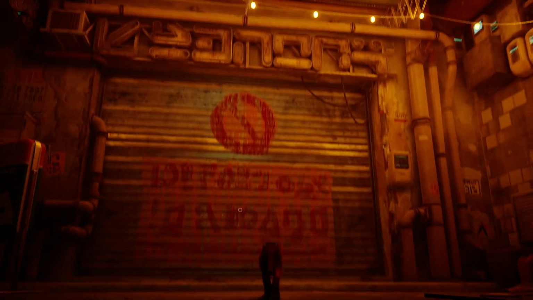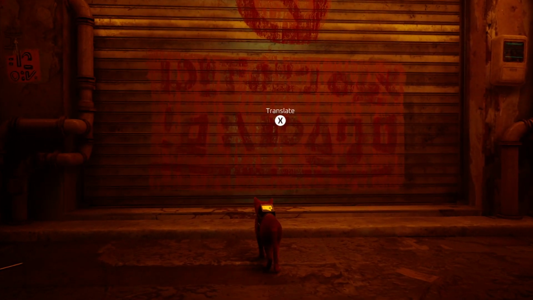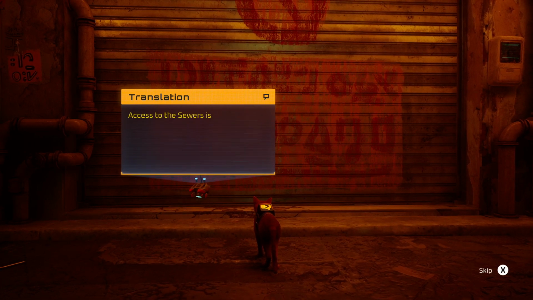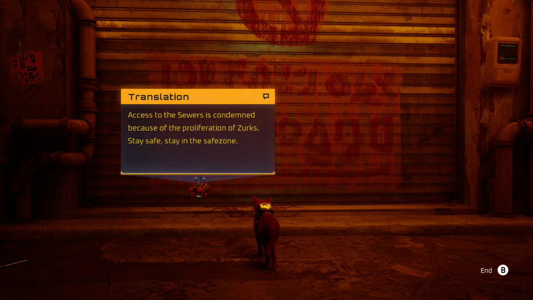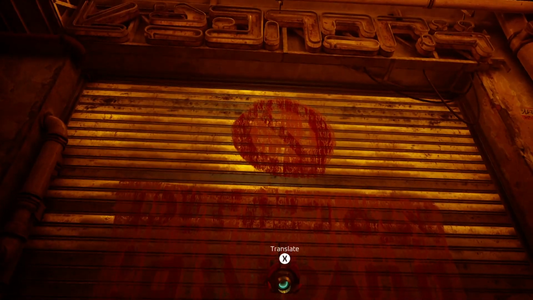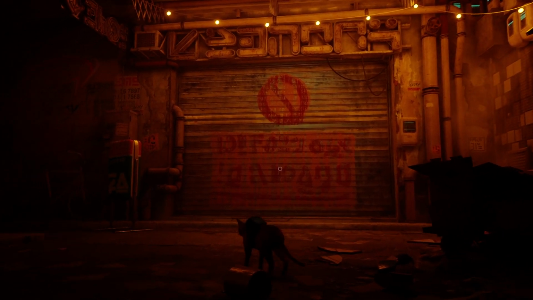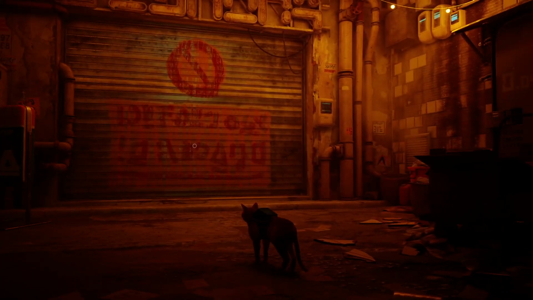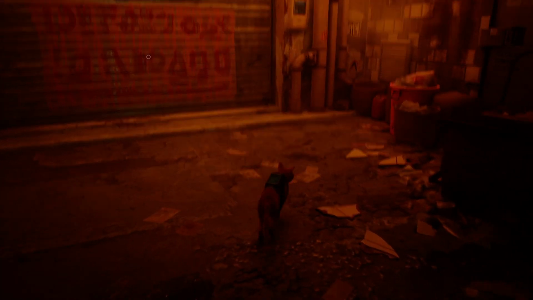Okay. Translate. Access to the sewers, right. I don't know if we ever get there or not.